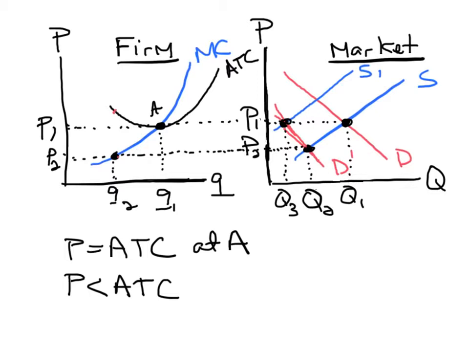We have a lot less quantity in that market, which probably means that there are a lot fewer firms operating in that market than there were before, right? So this is both point A and let's call it C, which is equivalent to these two points in the market level. So at point C, there is a much smaller number of firms operating in the market than what we had before.